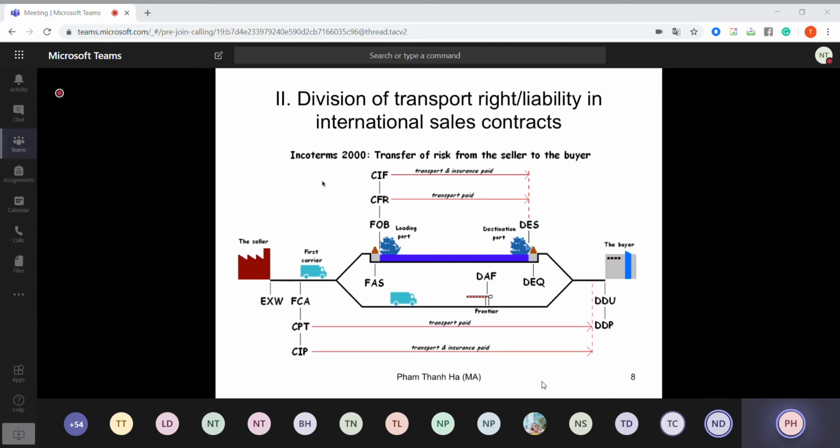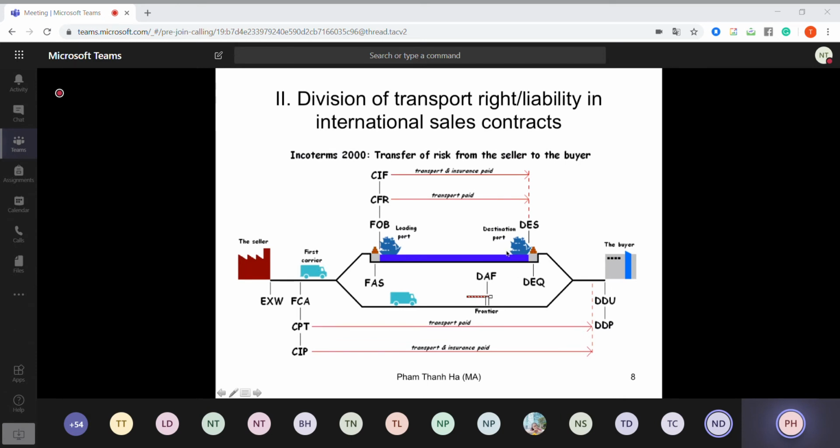However, for the C group, at the loading port here is the point to transfer the risks, but the point to transfer the cost is here, up to the port of destination, because for the CFR, related to transportation costs, the seller also needs to take that obligation. Similarly, for the CIF, related to the transport and also the insurance costs, the seller is also responsible up to the final destination here. That's why this is the point to transfer the risks, and this is the point to transfer the cost.